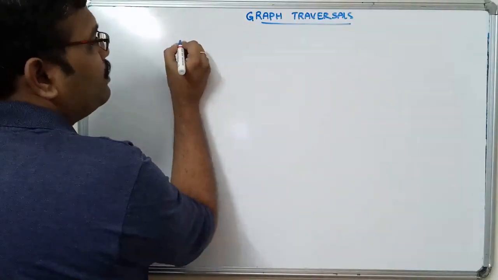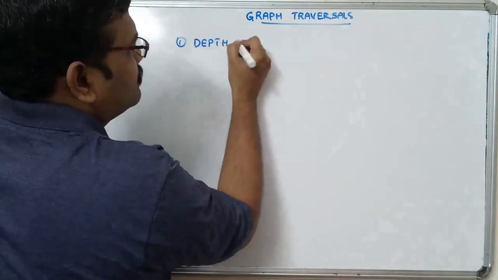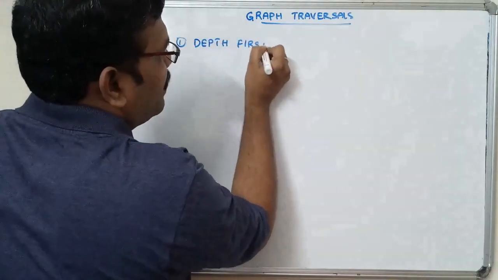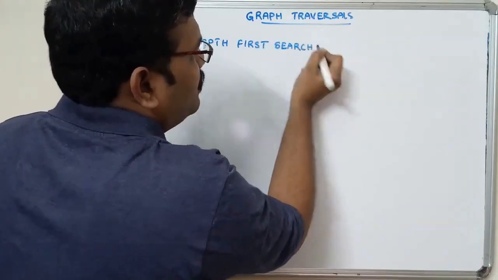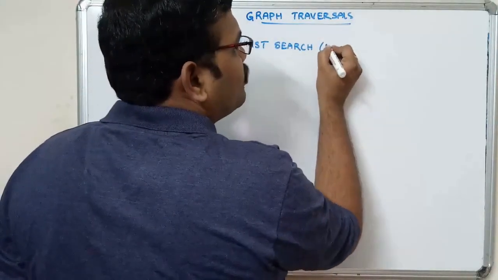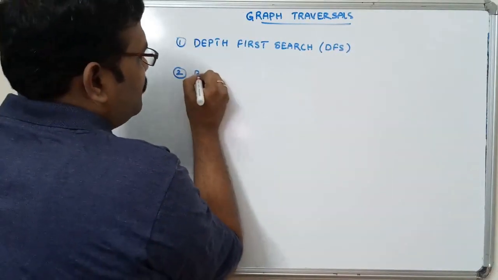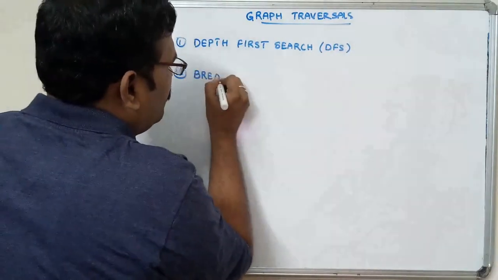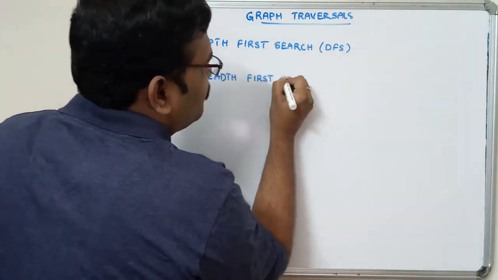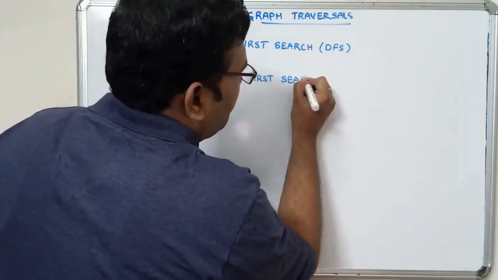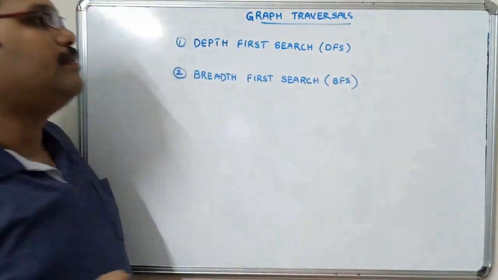Now we have two types of techniques in graph traversals. The first one is depth first search traversal, called DFS. And the second one is breadth first search, which is called BFS.